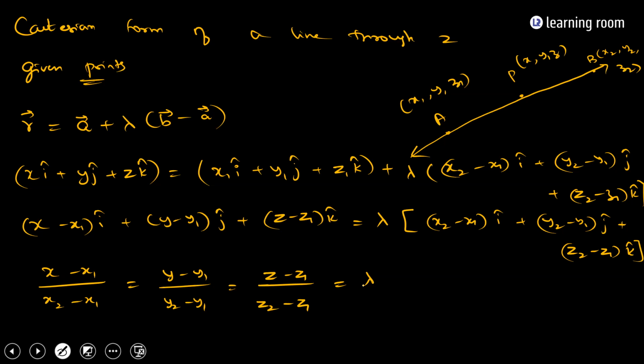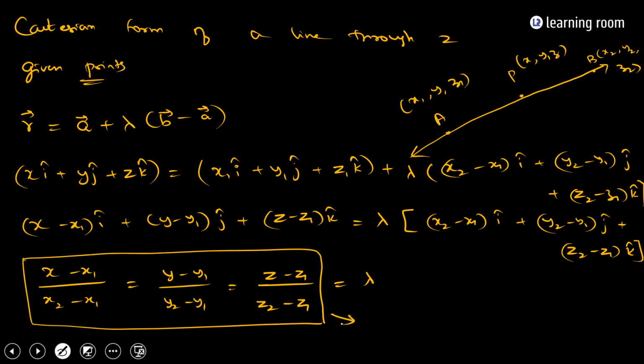So if you observe everything, this particular equation is going to be the equation of a line through two points in Cartesian form.